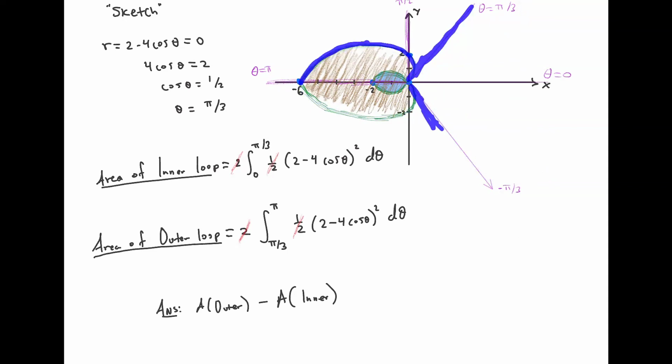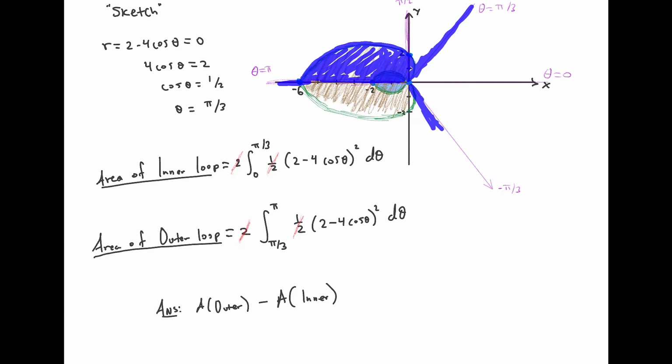Yeah, so that's why we use symmetry, and we only used pi over 3 to pi, and we'll get the area, but it will include the area of that little inner loop there. So that's why we shouldn't do from 0 to 2 pi, right? Questions about that? Is it clear?